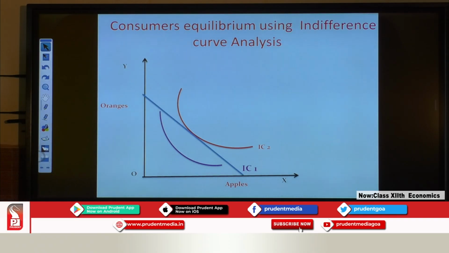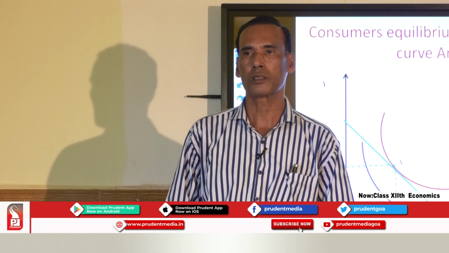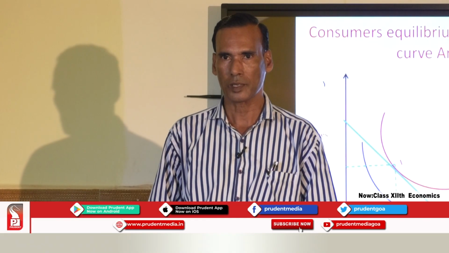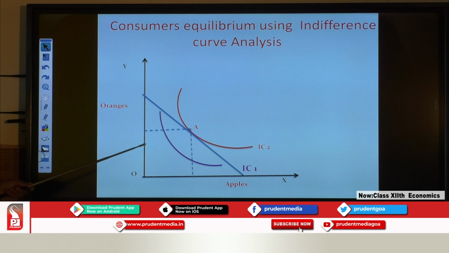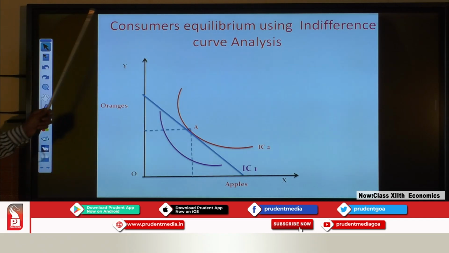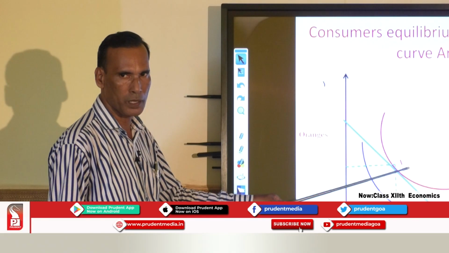This is the budget line. Now, when the budget line is tangent to the indifference curve, that point is the consumer's equilibrium. There are various combinations on this indifference curve, but the consumer is in equilibrium or gets the maximum satisfaction at point A.